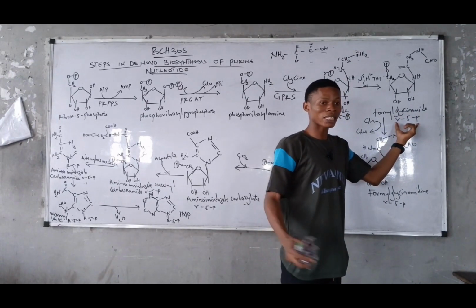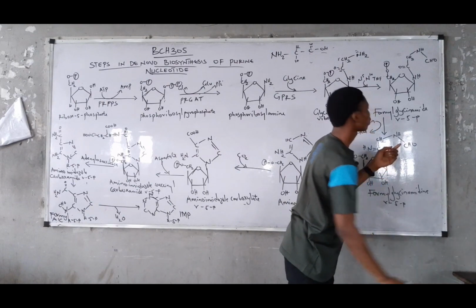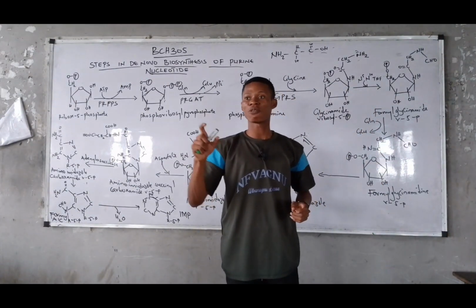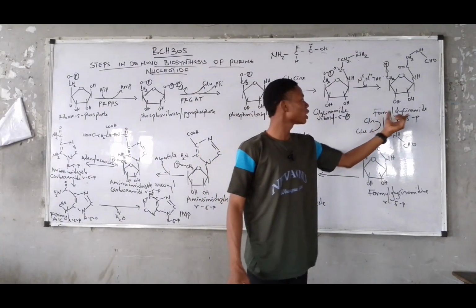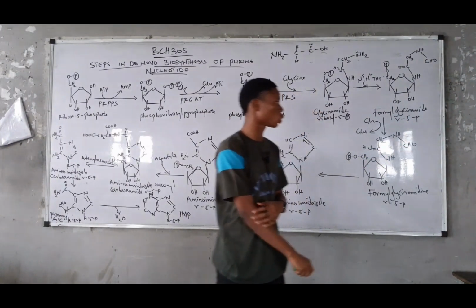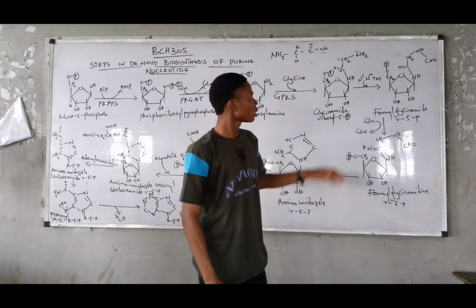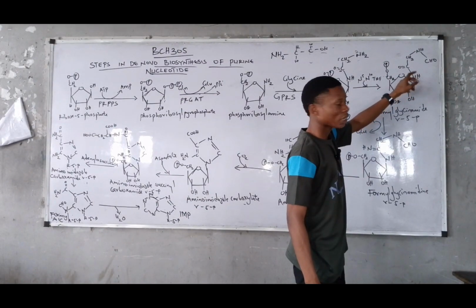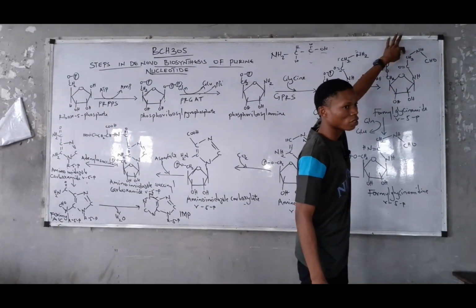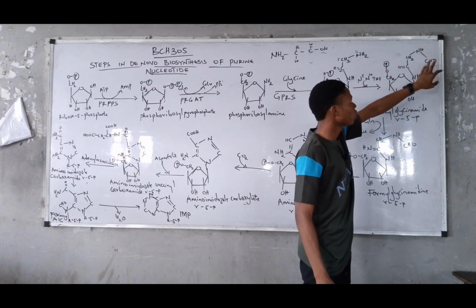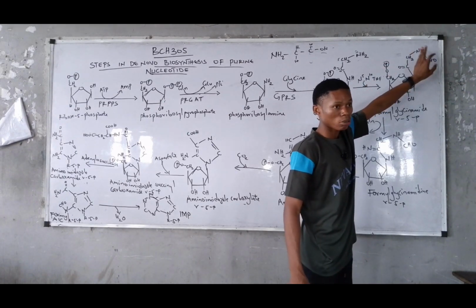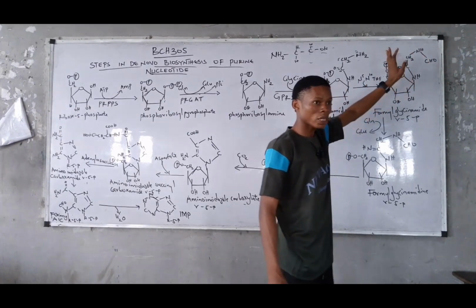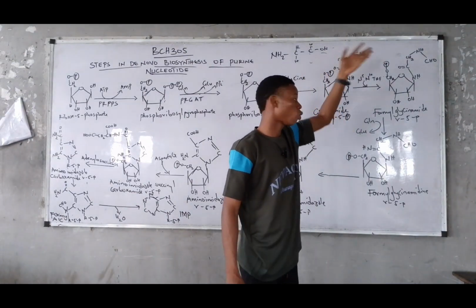So anytime tetrahydrofolate is coming in, we attach that name formyl. Now, if you notice, nitrogen 9, carbon 4, 5, nitrogen 7, carbon 8. We've completed this ring, right? But we will not close it yet. So let's see what to do to the other ring before we close it.